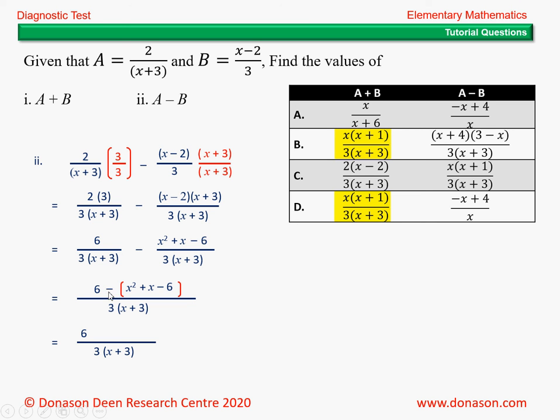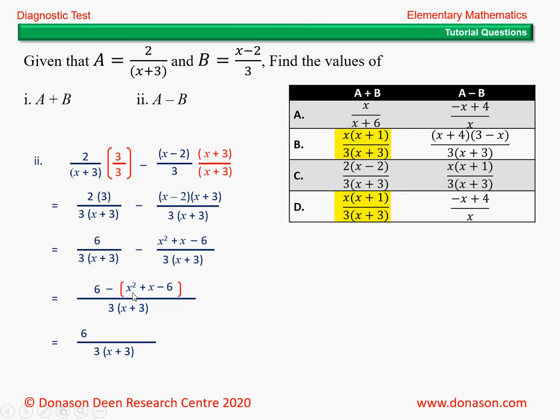So very often students end up making careless mistakes because they only write down the minus for the x square and they leave these two terms as plus x and minus 6. And that's the reason why I always tell my students to make it a habit to put a bracket here. So now let's expand the minus sign for each of them.